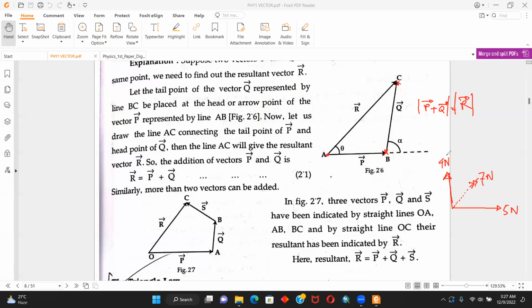So someone pulling with 4 Newton in this direction and someone with 5 Newton in this direction, the equal effect of these two will equal 7 Newton in this direction. But that doesn't mean that 4 plus 5 equals 7, right? Understand my point?